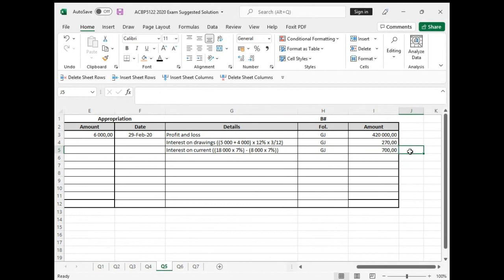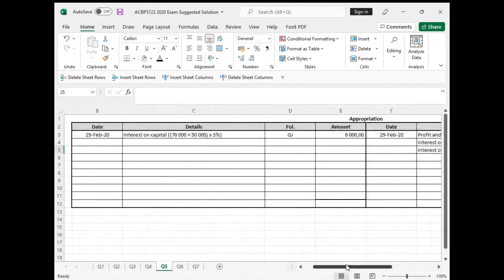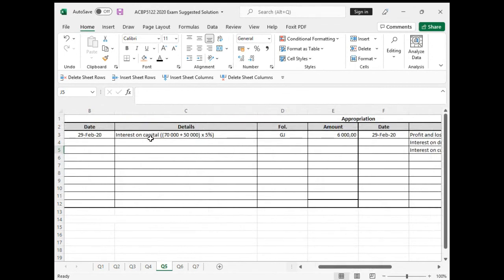Then point 4 was the salaries. Now we said salaries are also an expense to the partnership. In this scenario, you will have to show the salaries for each partner separate because of the fact that it also goes to their current accounts normally. So you show them separately, the salary for the two partners.